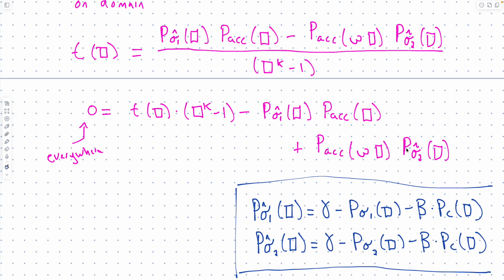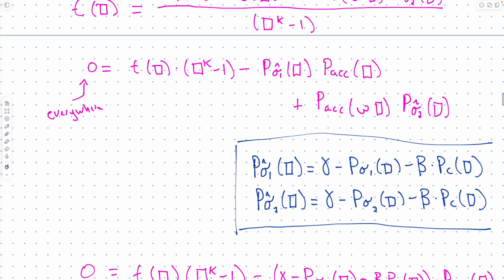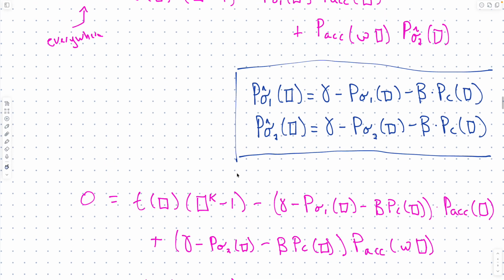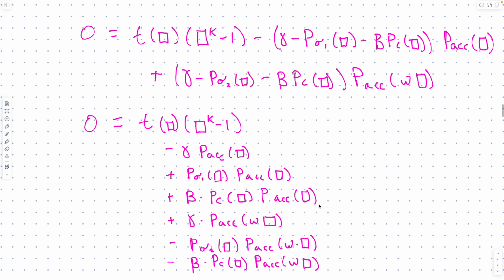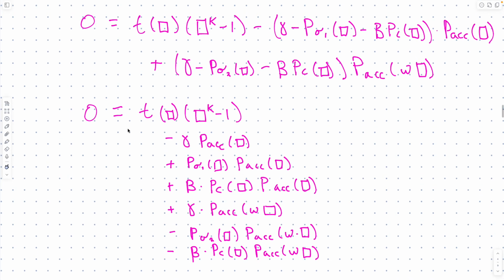Then I'm going to have to multiply the terms out, so it's going to get long. But anyways, that's how it works. If I do it, this is what I end up with. This is just the straight substitution. I substituted it in, and then if I multiply it out a bit, this is what I end up with.